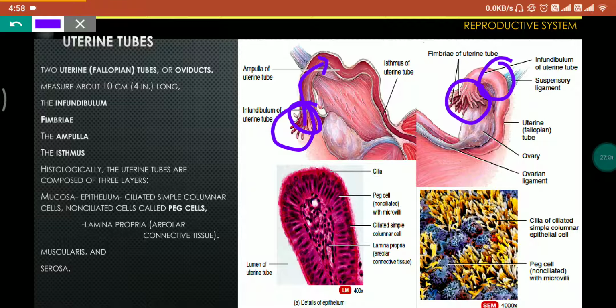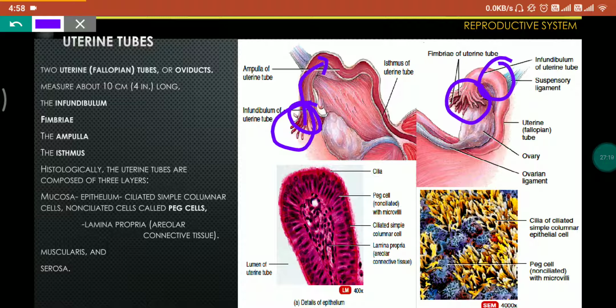The tube consists of three layers. The mucosa consists of epithelium, ciliated simple columnar cells, and non-ciliated cells called peg cells.